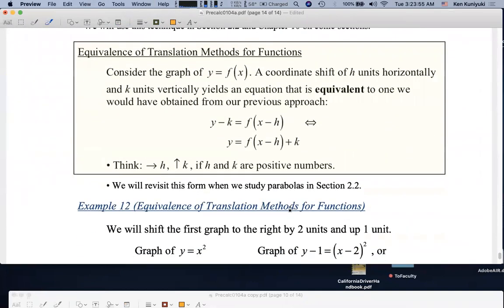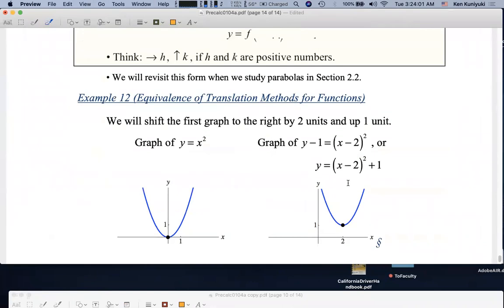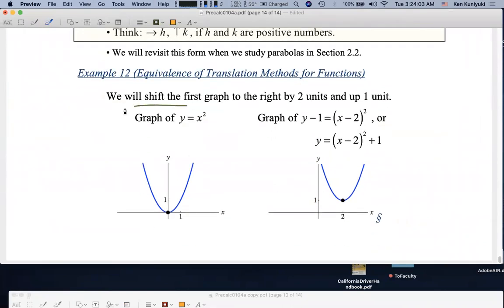Now, this is actually all consistent with what we've done earlier with functions. This is a generalization, but let's look at an example. Example 12. Let's look at this parabola, the graph of y equals x squared. Let's say that we want to shift this parabola to the right by 2 units and then up by 1 unit.